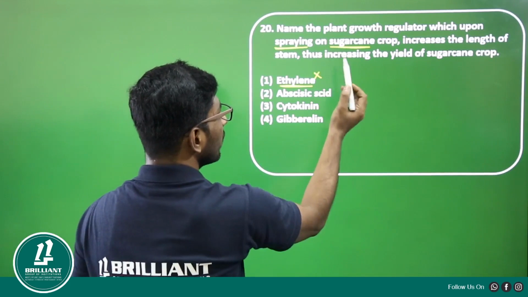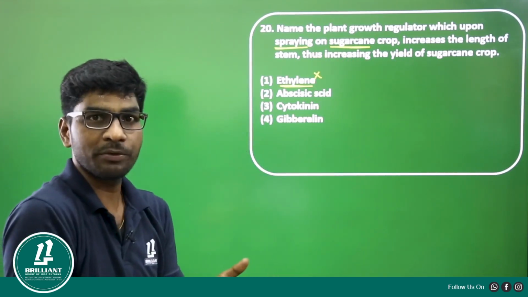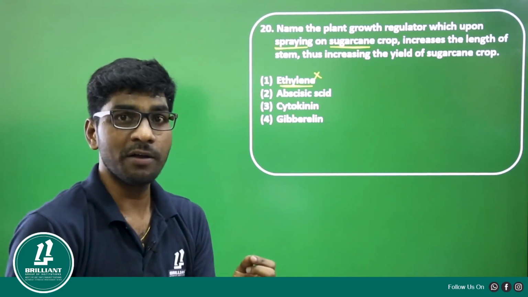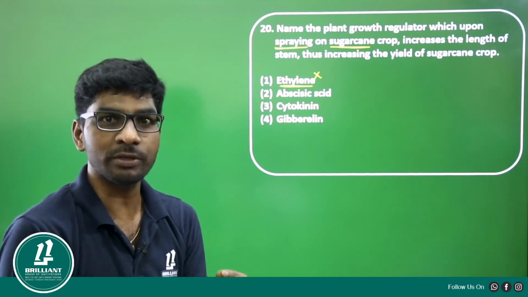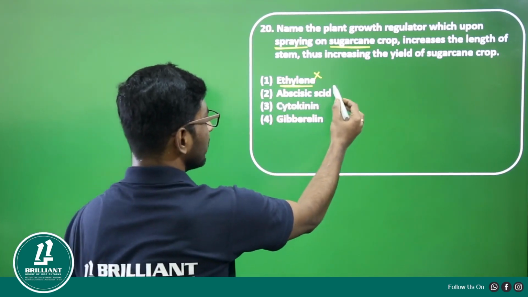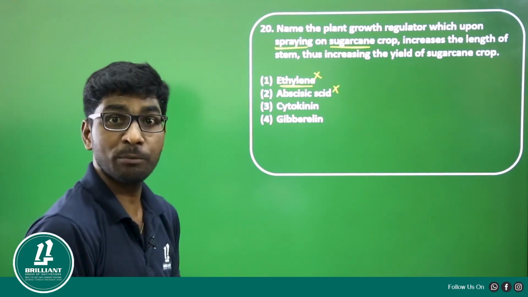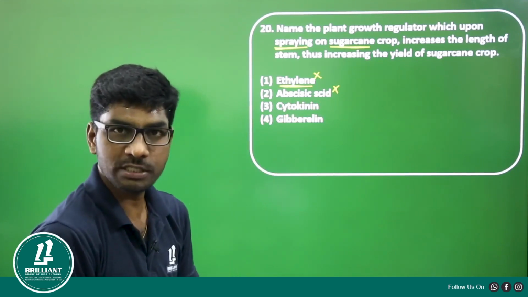They're asking in the question, increasing the length of stem or elongation of an internode, which is the function of what? Gibberellic acid, right? So look at here, abscisic acid is a growth inhibitory hormone and promotes seed dormancy. So this does not increase the height of the stem.